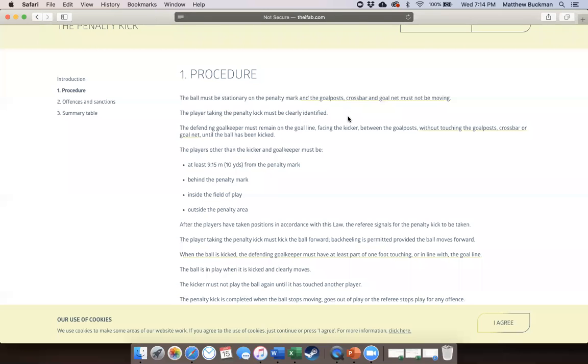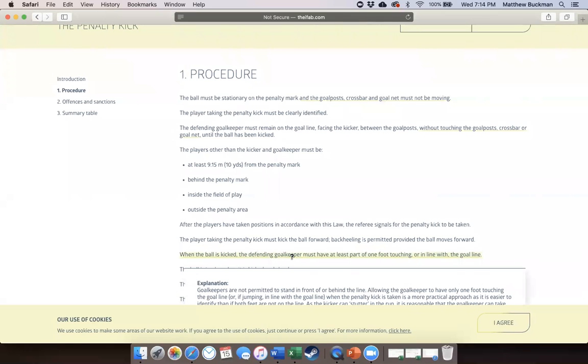The defending goalkeeper must remain on the goal line, facing the kicker, between the two goalposts, and again, without touching the goalpost, crossbar, or the goal net until the ball has been kicked. So the most recent change now is that the goalkeeper must have at least part of one foot touching or in line with the goal line.